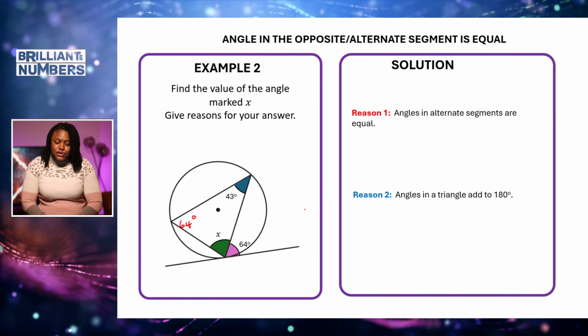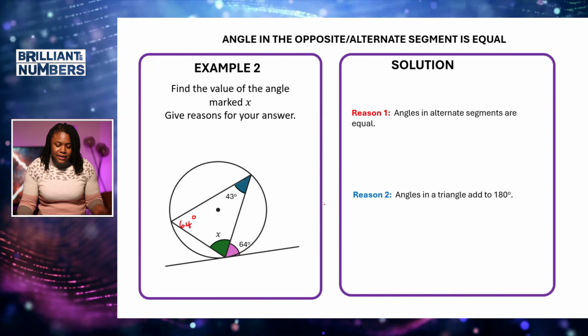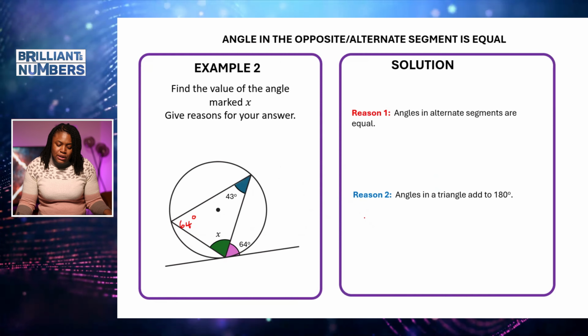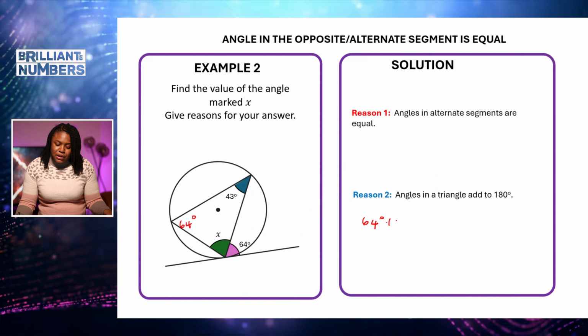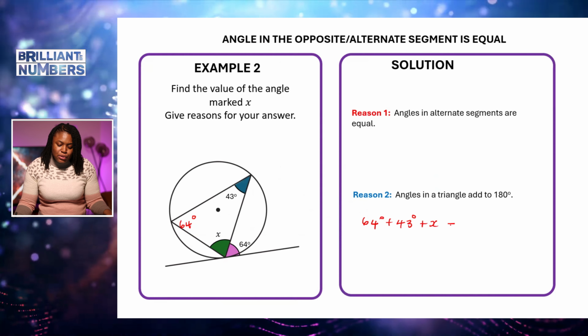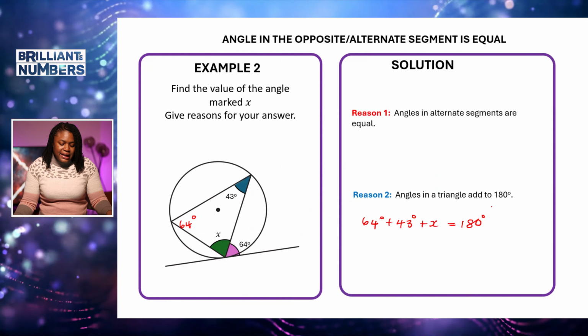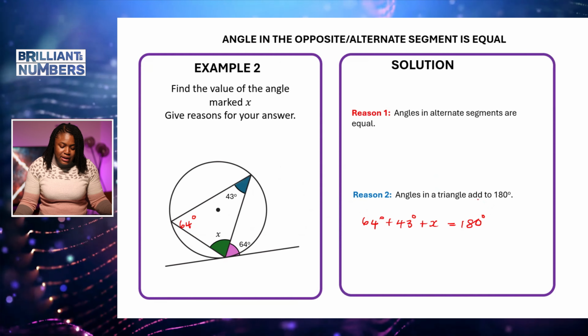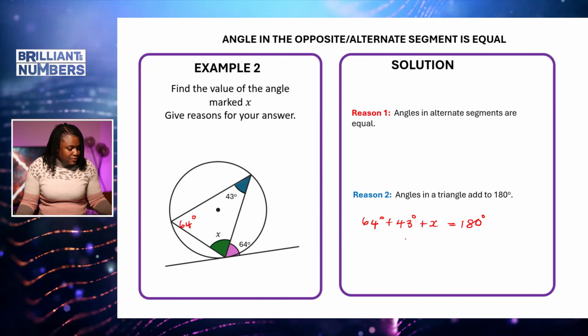So step 2, angles in a triangle again add to 180 degrees. Therefore, 64 degrees plus 43 degrees plus X should be equal to 180 degrees. And we just put that in our calculator again, adding those two together.